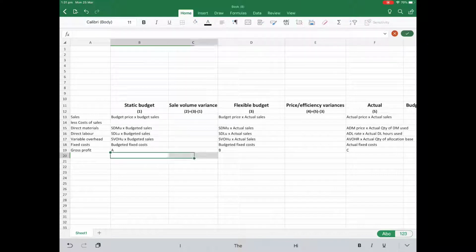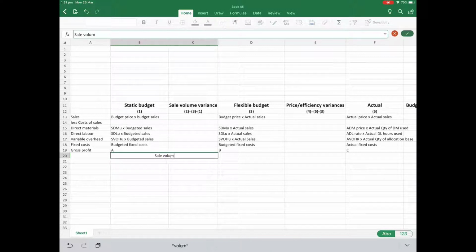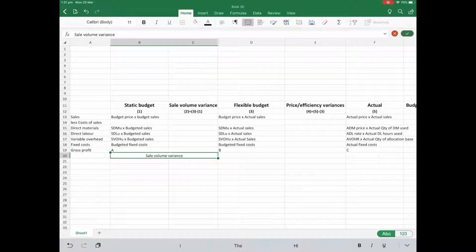So we call this the sales volume variance. The variance is caused by the sales.